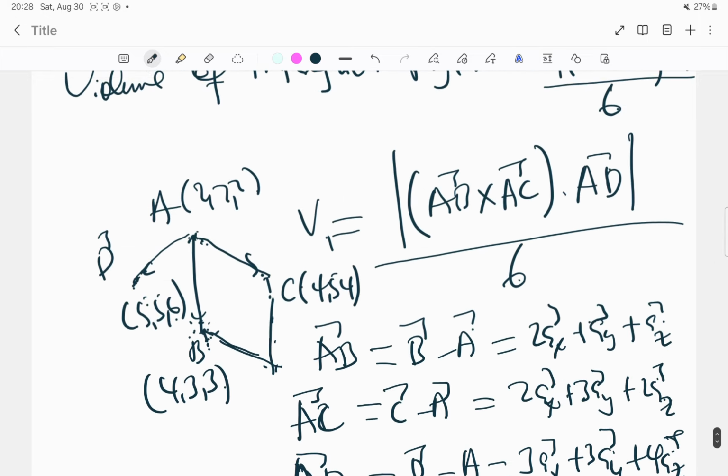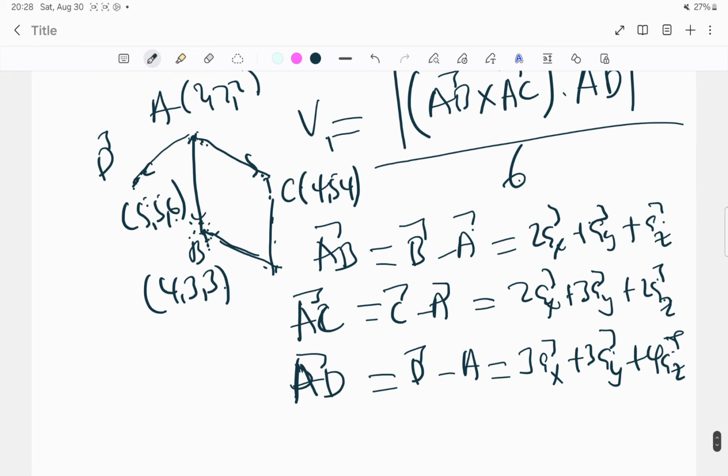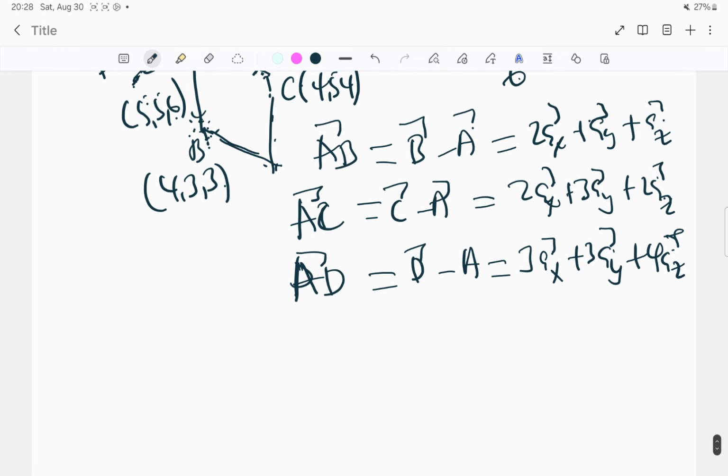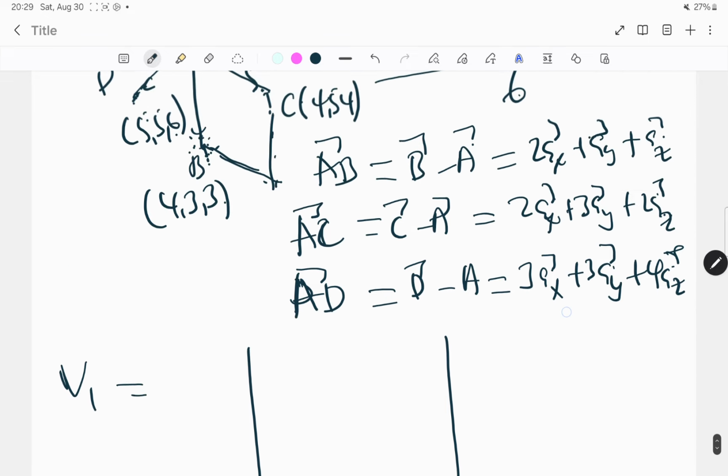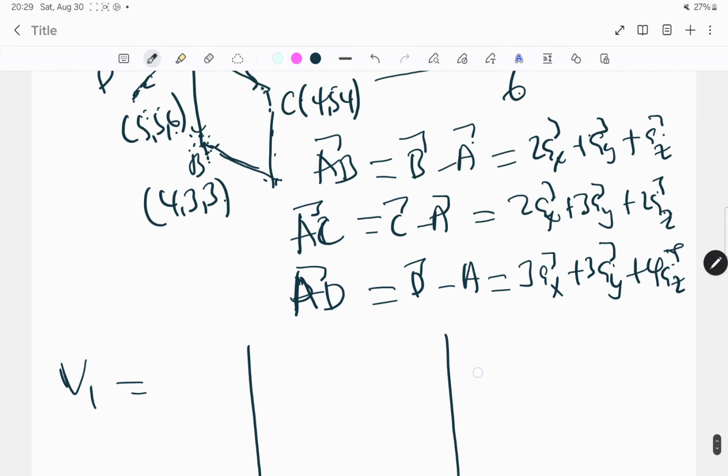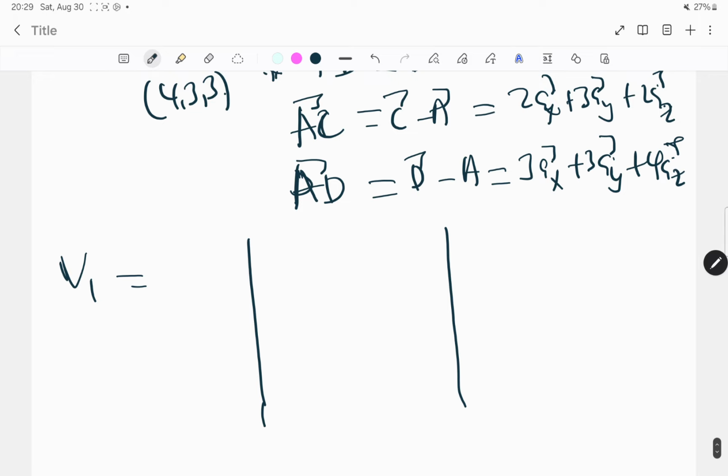Now to get our volume, which is the volume of the triangular pyramid, we put this in a matrix form, right? So we put the first one, which is the distance vector AB. So I have 2, 1, 1. I can put the unit vectors here.